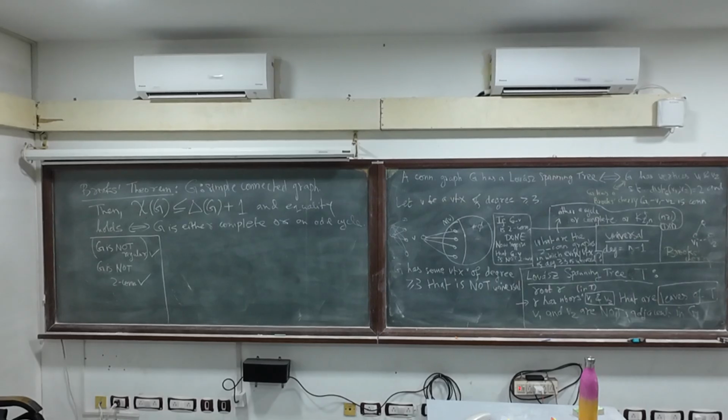Wait, so you want the graph to be not connected, but connected? Not too connected. You just do a line, it's a path. But this one is too connected. This one is too connected.